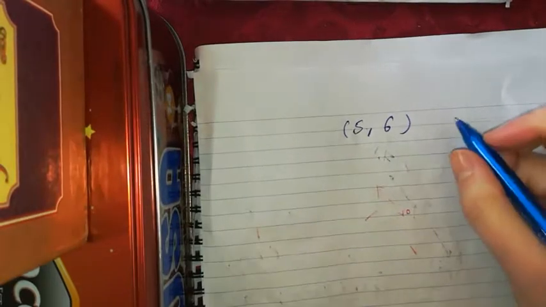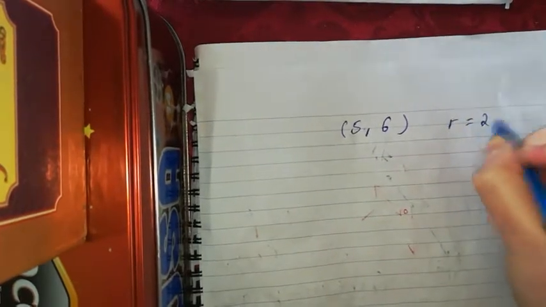Well, the equation of C is going to be relatively easy to find because we know that (5, 6) is the center of C, and the radius of C we got was 1/3 the radius of the other one, which was 2 root 10.